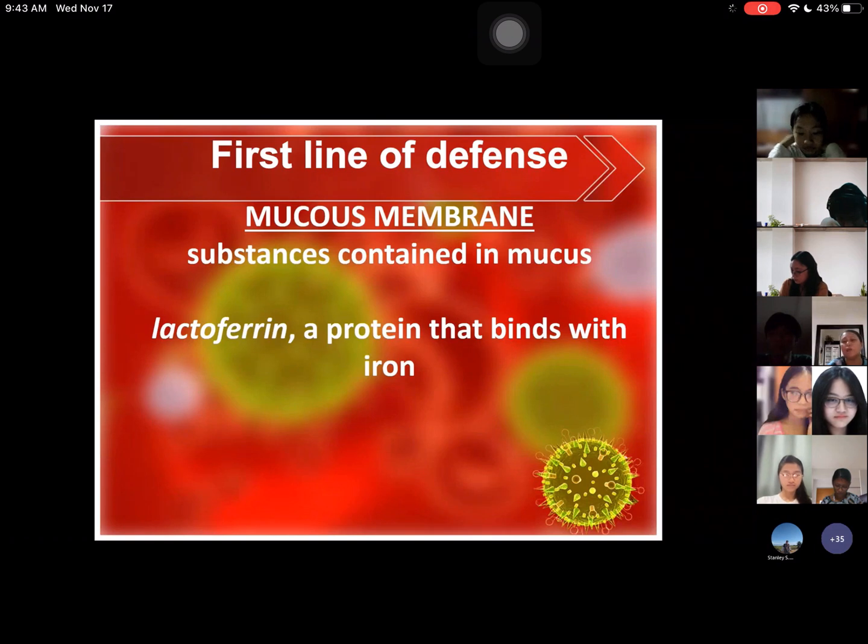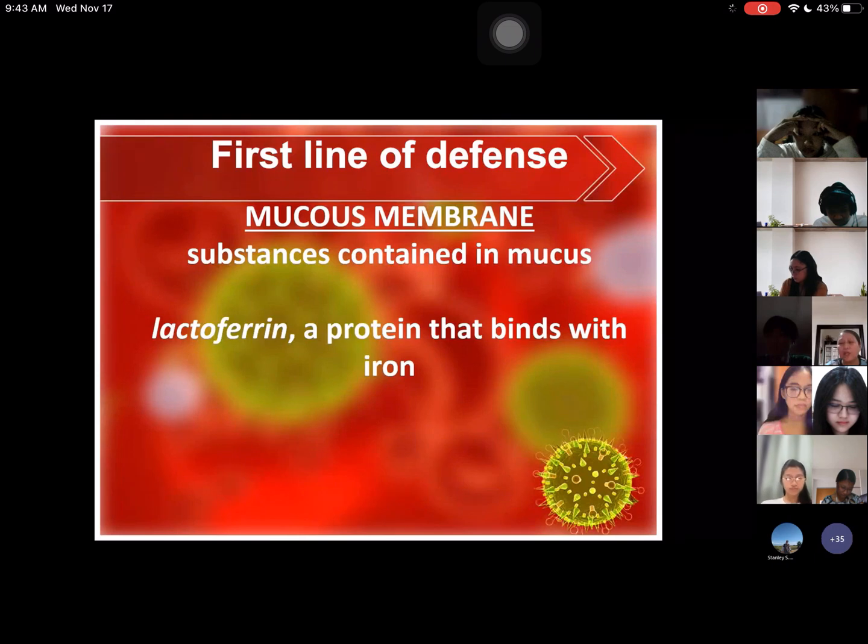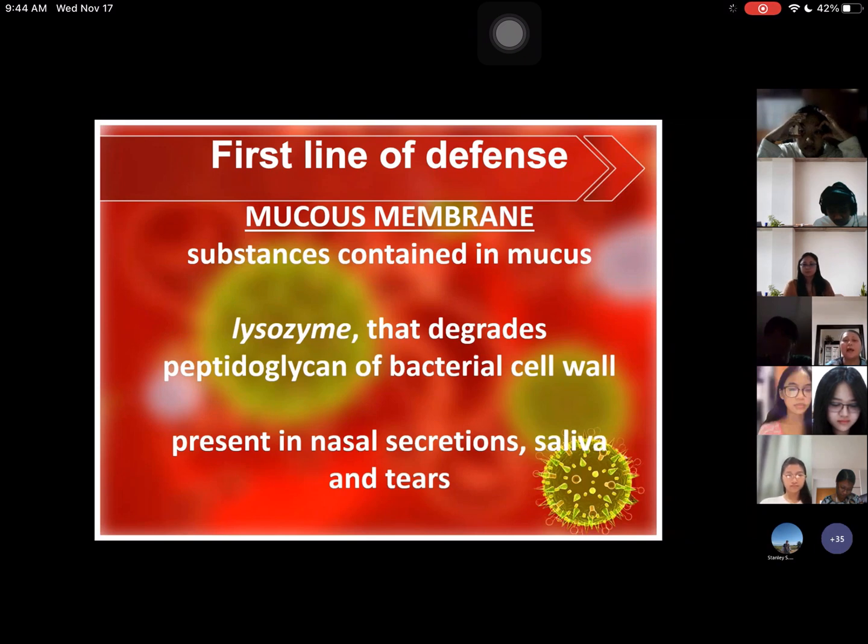So in one way or another the pathogen or the invaders will not be able to survive, because they will compete for the iron content, which is also important as a nutrient for them to survive. So that is lactoferrin. It is a protein that binds with iron.